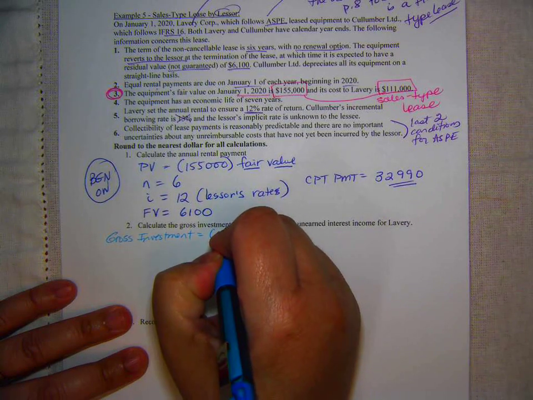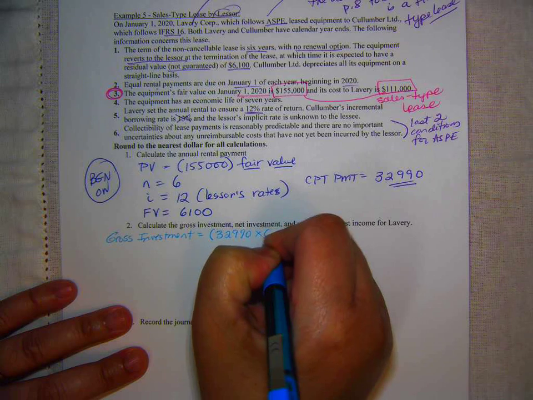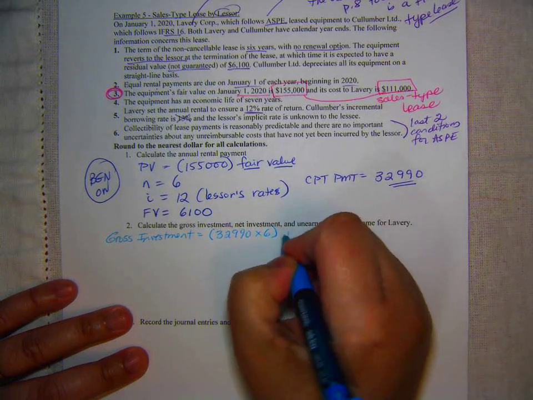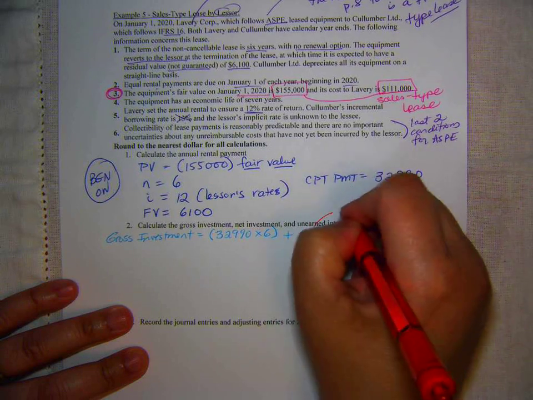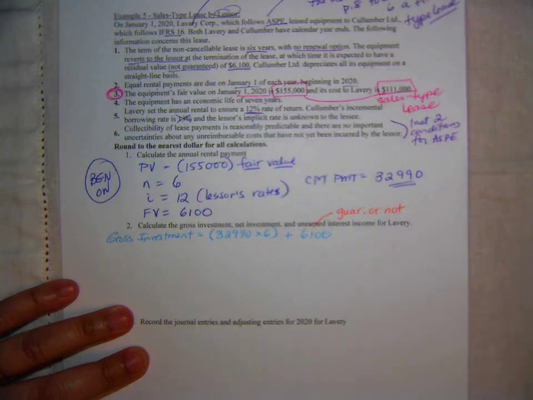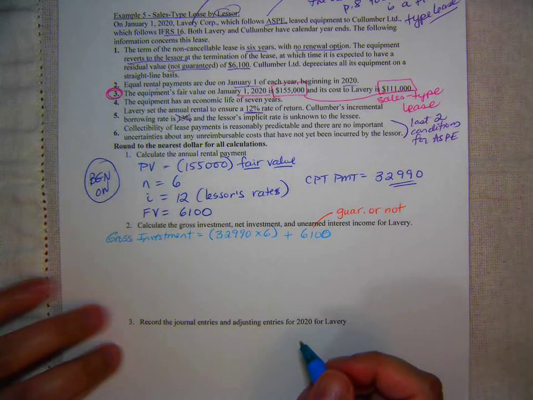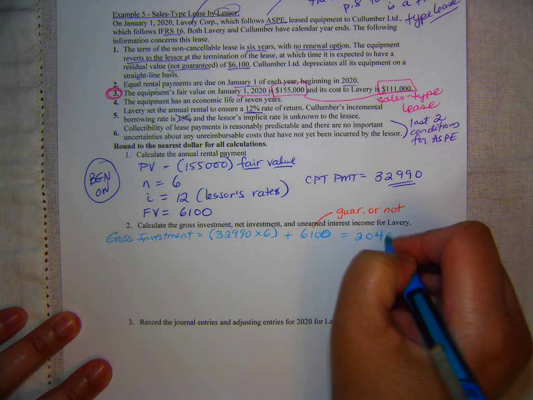So we take the undiscounted payments, so 32,990 times 6, plus the 6,100, and that's guaranteed or not. We would always add that on. And that works out to 204,040.